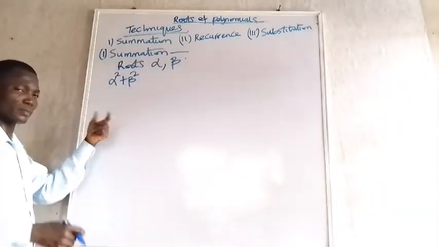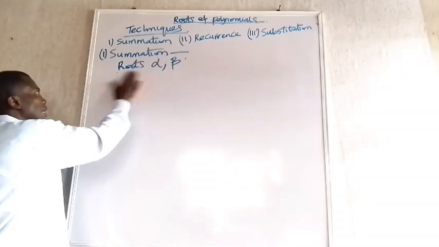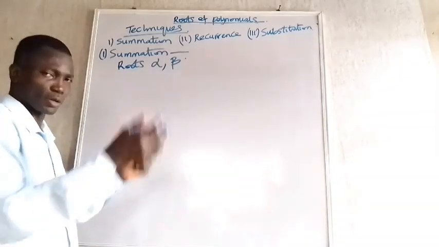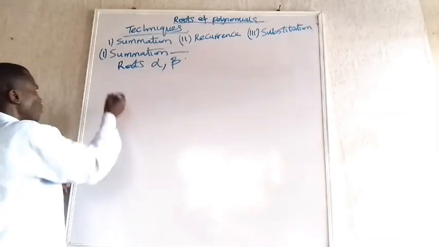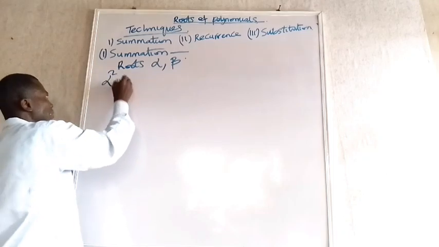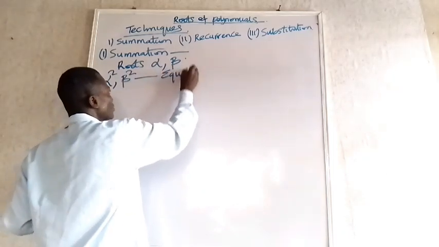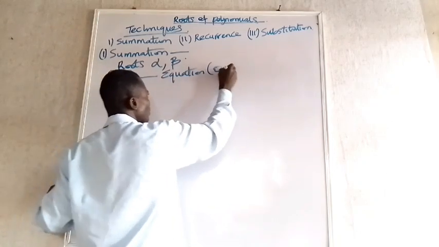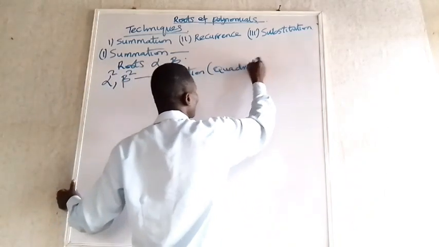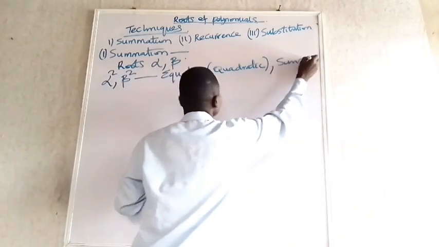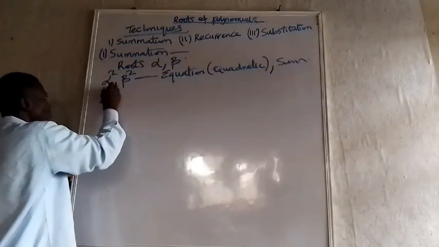And we might be asked to form another quadratic equation, or just to find the sum of alpha squared and beta squared. We might be asked to form another equation that is quadratic, or just to find the sum. It might be this.